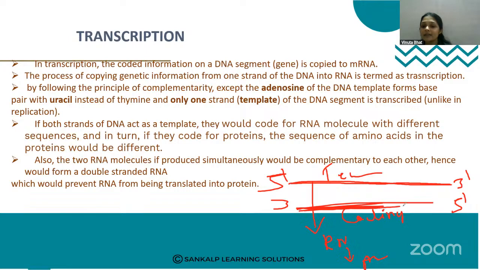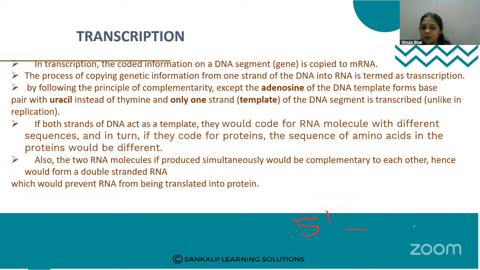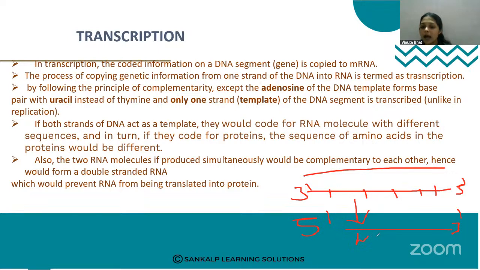Another strand that does not code for anything is called the coding strand. Here RNA is always in the 5 prime to 3 prime direction. So the strand that acts as the template strand is the 3 prime to 5 prime strand. The genetic information on this 3 prime to 5 prime strand is converted into mRNA. So that is the transcription process.